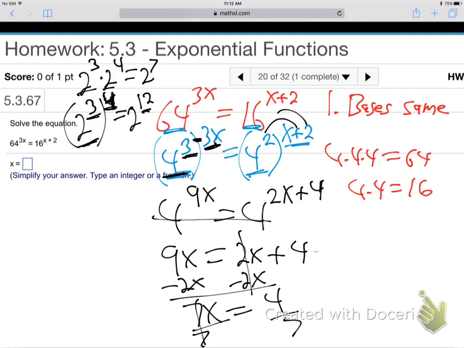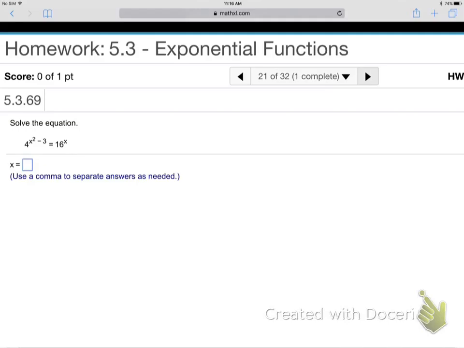We happy? We good? Questions on that? Make the bases the same, and then make the powers equal. So 4 to the x squared minus 3 is 16 to the x. Try that one. So make the two bases the same, cut them out, so the powers equal.